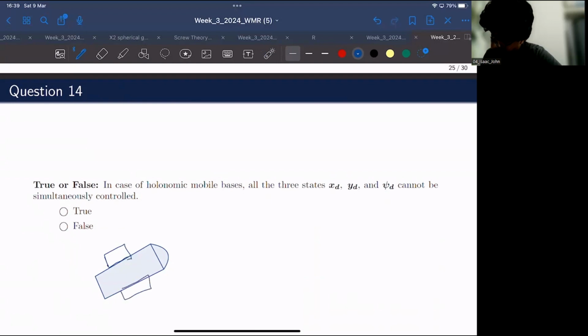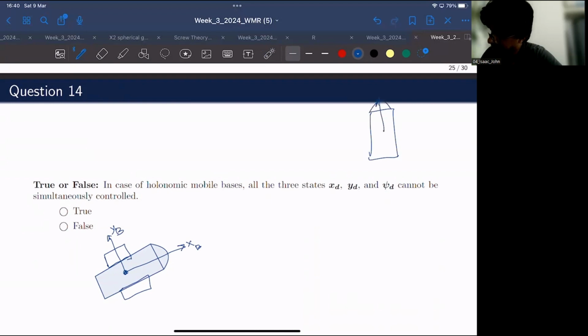if this is a differential drive robot, I label this as XB axis, this is YB axis, and this is the initial position, and we want the final position of the robot to be something like this.